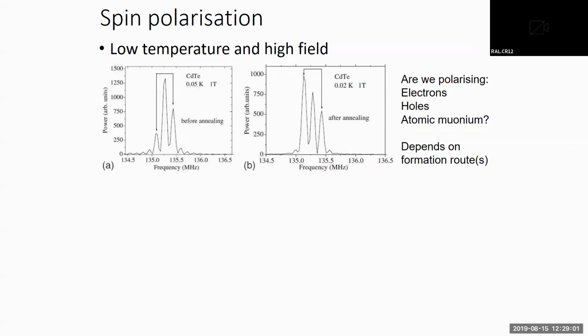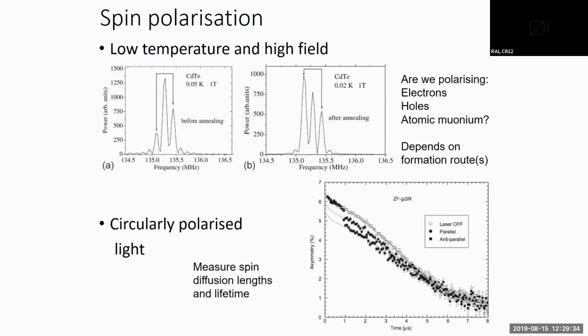Are we polarizing holes which are then taking electrons away from the substance? Are we polarizing the atomic muonium before it changes the charge state? It rather depends on the formation route, exactly how the charge state is formed. So this is before we illuminate the sample, and this is after. You see also that the fraction of the charge state is actually gone in this case as well.